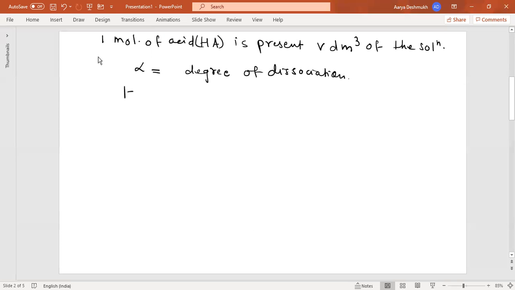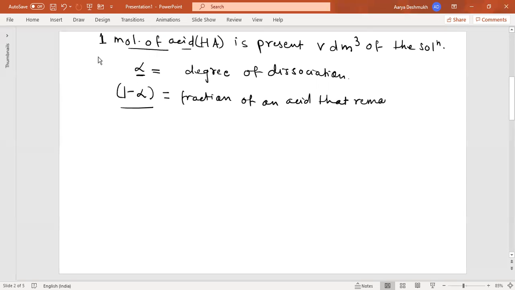The amount which is left undissociated, you can write as 1 minus alpha, because we are taking 1 mole of acid. Out of this 1 mole, if alpha is the amount dissociated, then 1 minus alpha would be the fraction of the acid that remains undissociated.